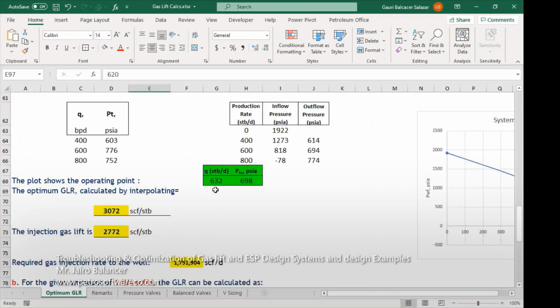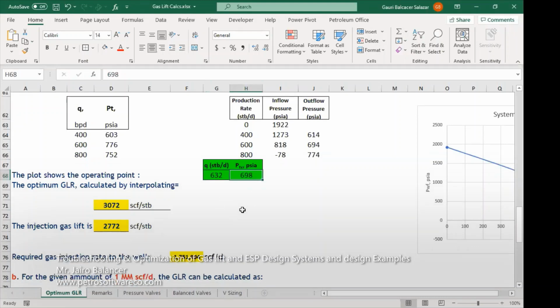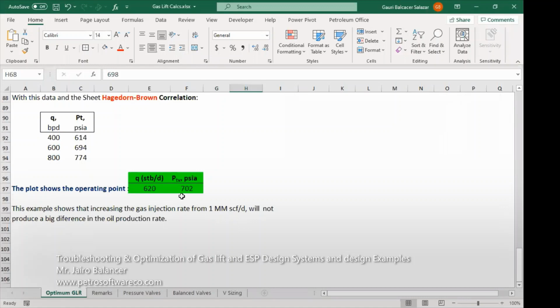In the previous one, when we have an unlimited amount, 632, and we had 698 psi as a tubing wellhead pressure. In this case it is 620. I mean, the difference is really small in those two cases.